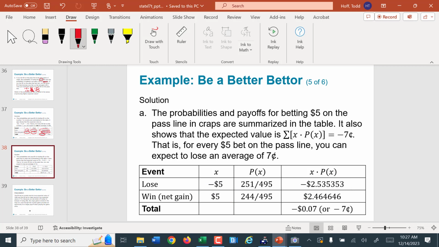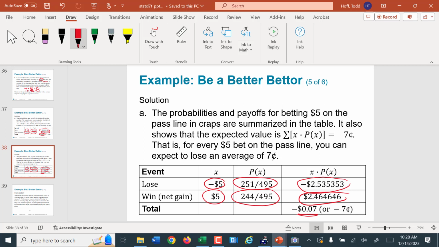In the craps table, the -5 loss times the 251 out of 495 gives us a negative 2.535353, and the $5 win times its probability of 244 over 495 gives us a gain of 2.4646. We add that up and get a negative 0.07.